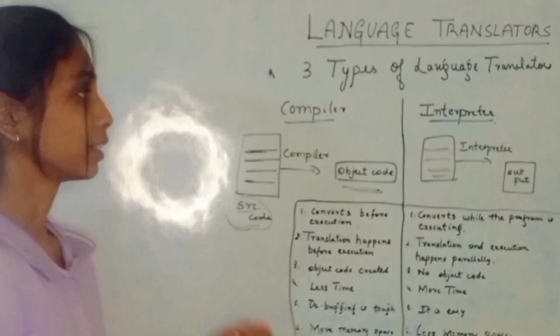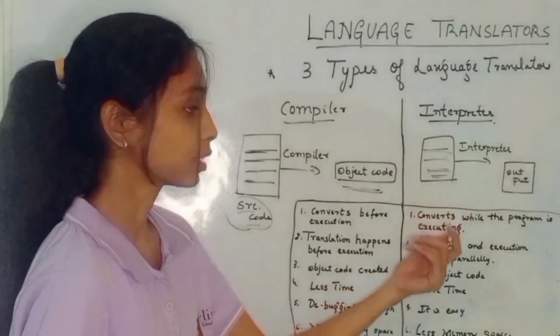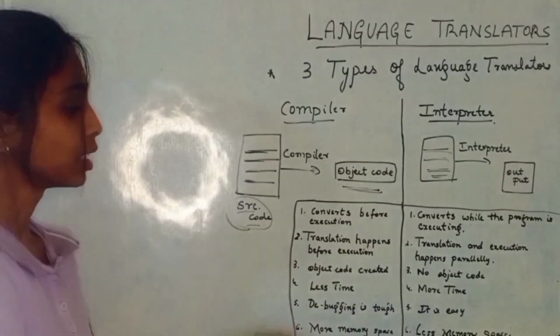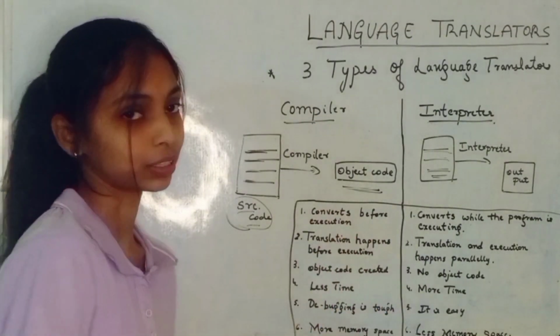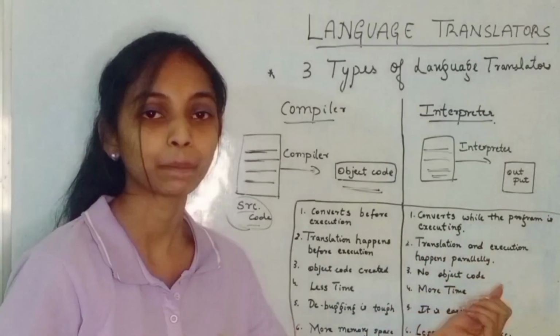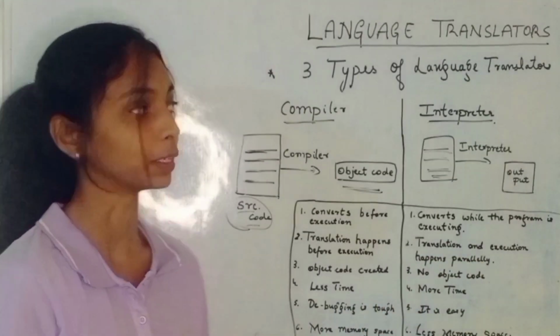So we can tell that compiler converts before execution and interpreter converts while the program is executing. And the second point is translation happens before the execution, whereas in the interpreter, translation and execution is happening parallelly. How can we tell that translation and execution is happening parallelly?